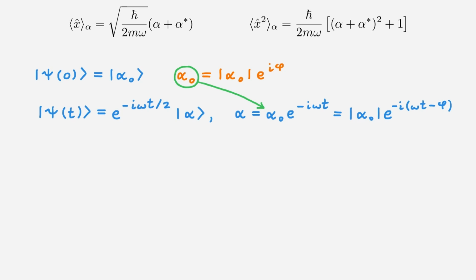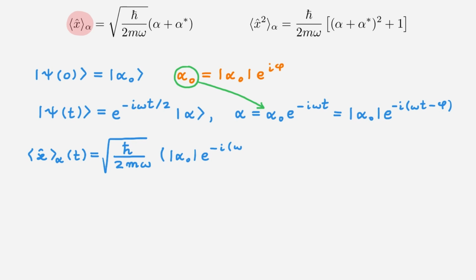With this, we can use this expression up here for the expectation value of the position operator to write it at time t as equal to this prefactor multiplying the expression that we just got for alpha and the corresponding complex conjugate.